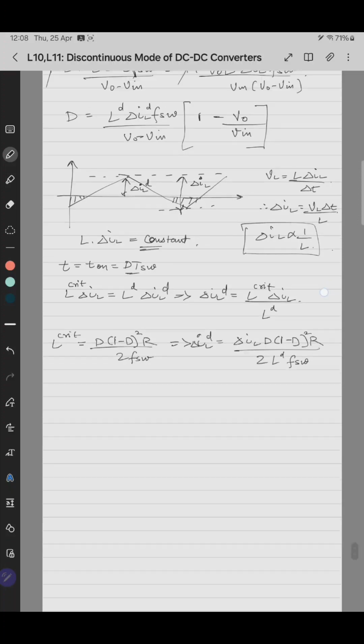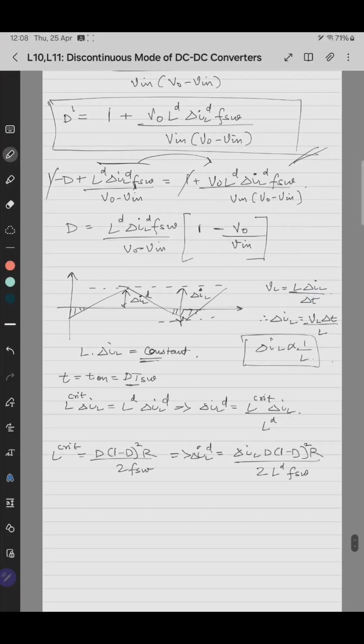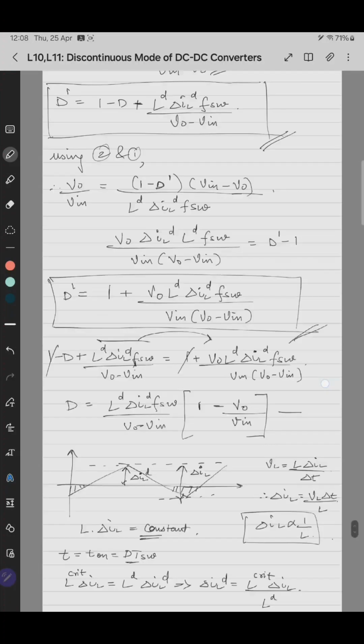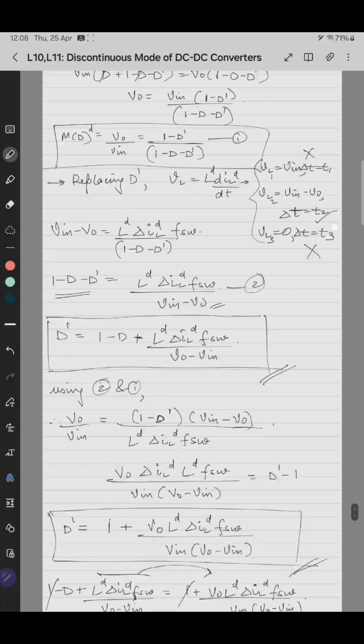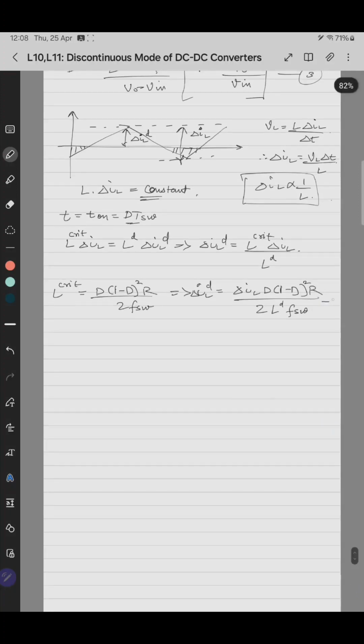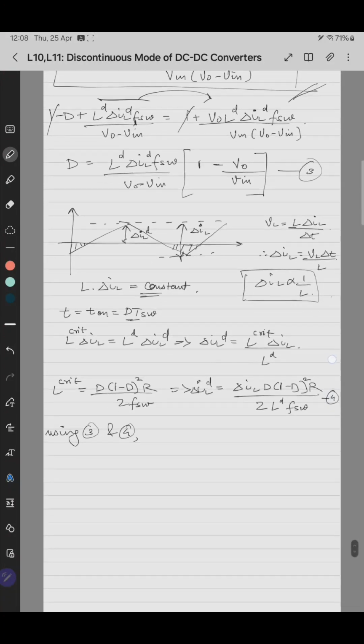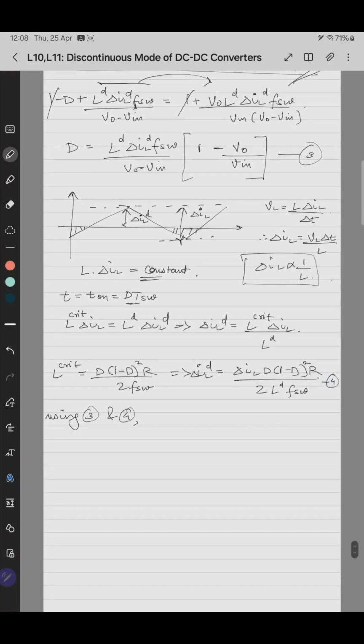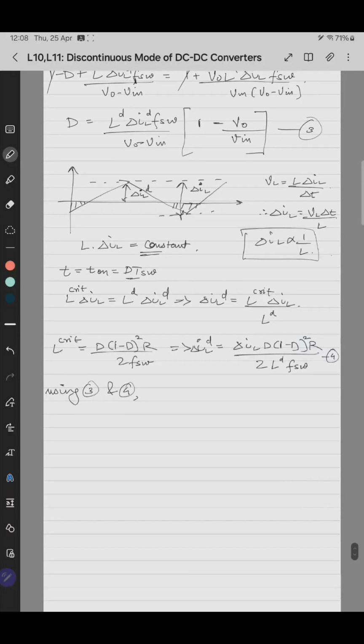Now we'll replace this delta I_L of D in this equation. Let's say this is equation number 3 and this is equation number 4. So using 3 and 4, we'll substitute delta I_L of D from equation number 4 in equation number 3. So equation 3 we'll rearrange.